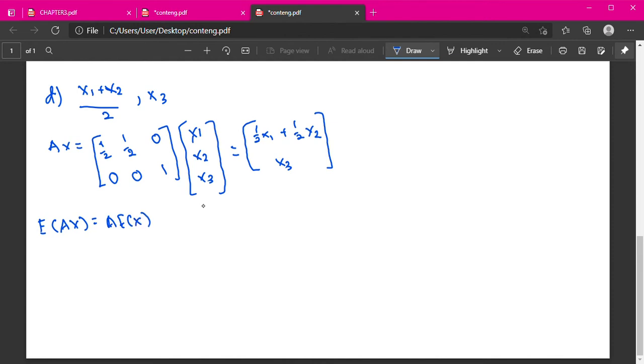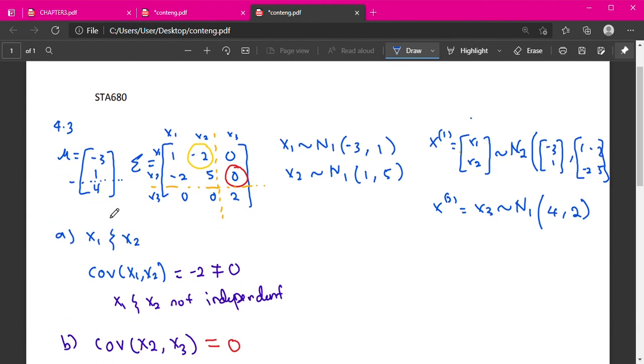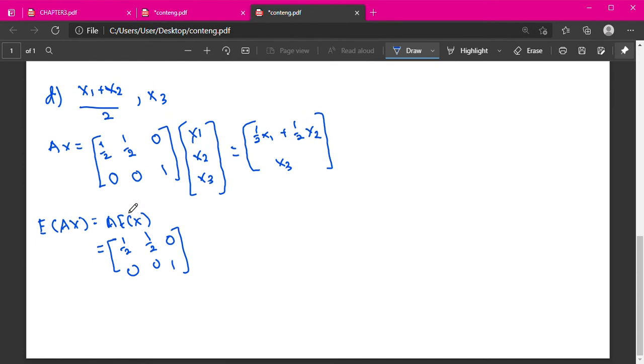Okay. So A adalah matrix 1 over 2, 1 over 2, 0, 0, 0 and 1. Dan expected of X adalah given tadi kan, min untuk X. This one, negative 3, 1 and 4.